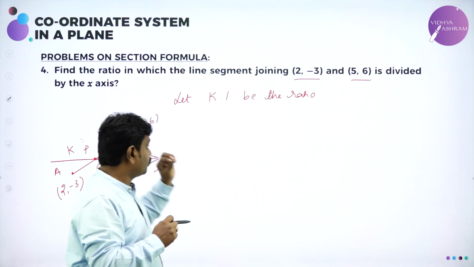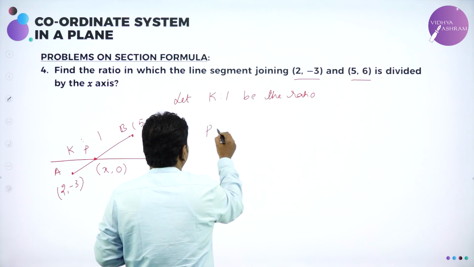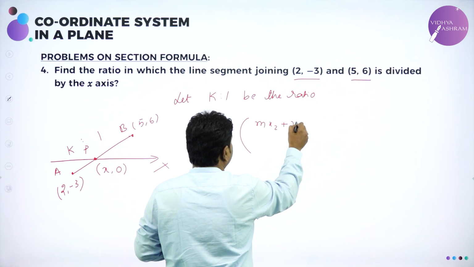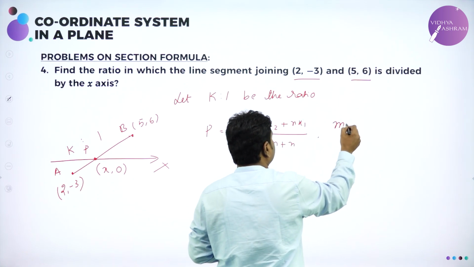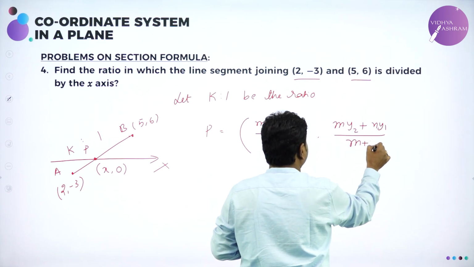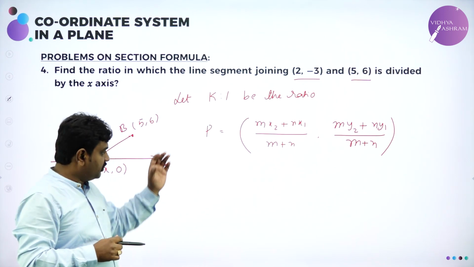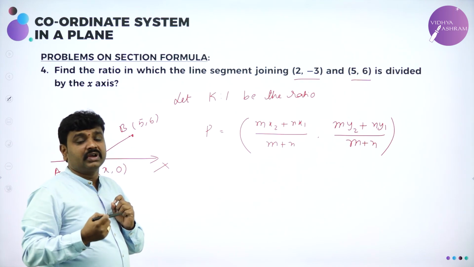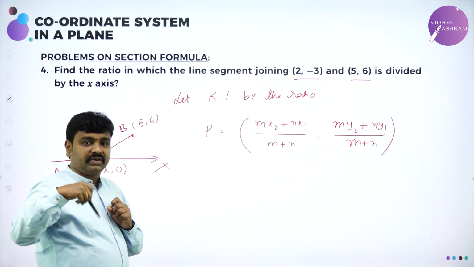The point of division for internal division, P, is mx2 plus nx1 divided by m plus n, my2 plus ny1 divided by m plus n. We don't know where exactly the point lies, whether inside or outside AB, but we will find out. If you get the k value as negative, the point divides externally, otherwise it divides internally.